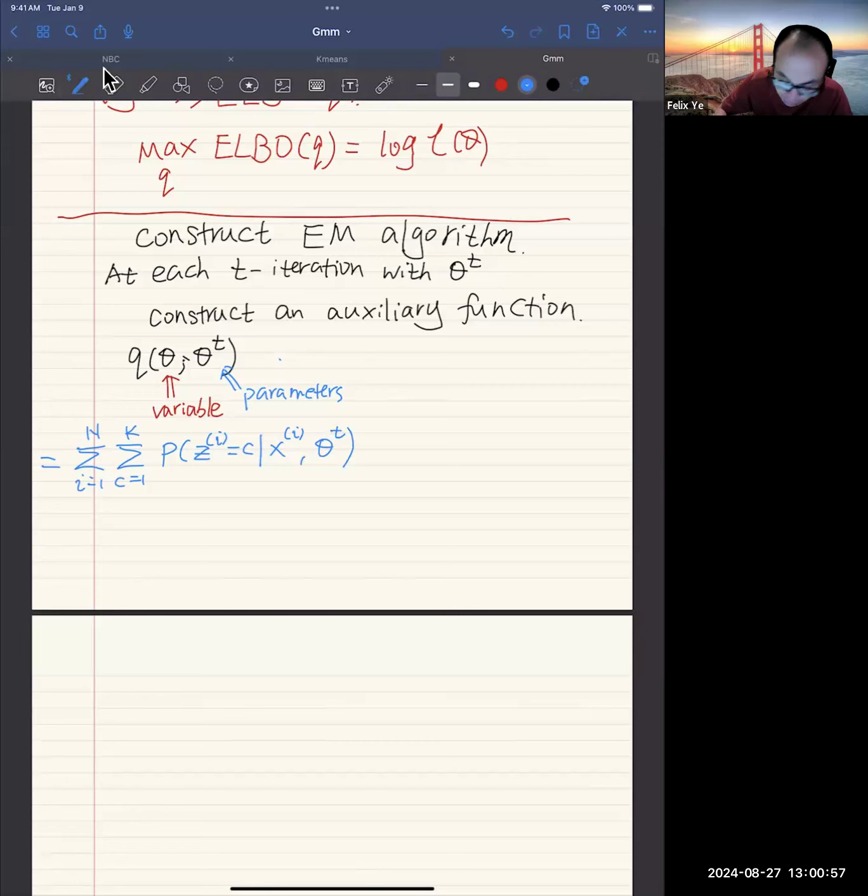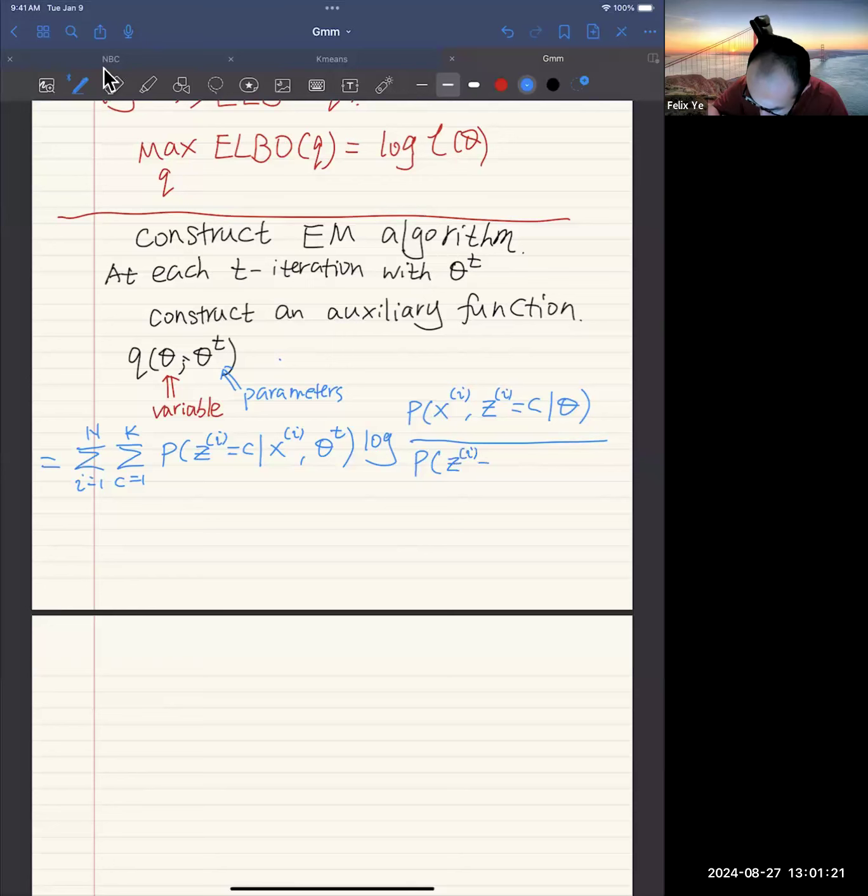Here we're using theta t, so that is a fixed value. Times the logarithm of p of x_i, z_i equal to c, conditional on theta, over the probability of z_i equal to c, conditional on x_i and theta t.